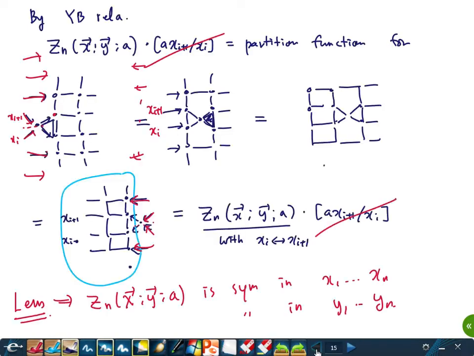Okay, so now what? We just showed that it's symmetric in x1 up to xn, y1 up to yn. Now we can prove this theorem. Let me state the theorem again. We need some computation, but this is also an interesting thing.